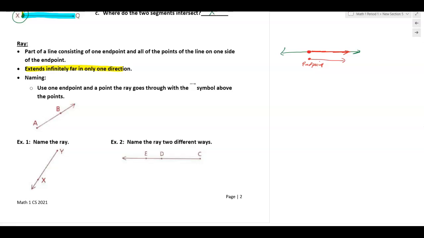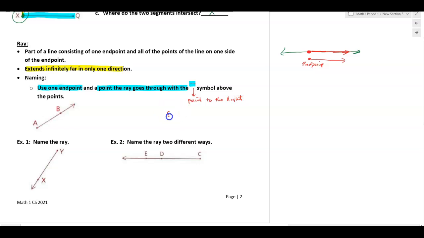Now, naming is key here. When we name a ray, we use one endpoint and the point the ray goes through with this symbol above. And we always point that symbol to the right. Doesn't matter what direction your ray is in.